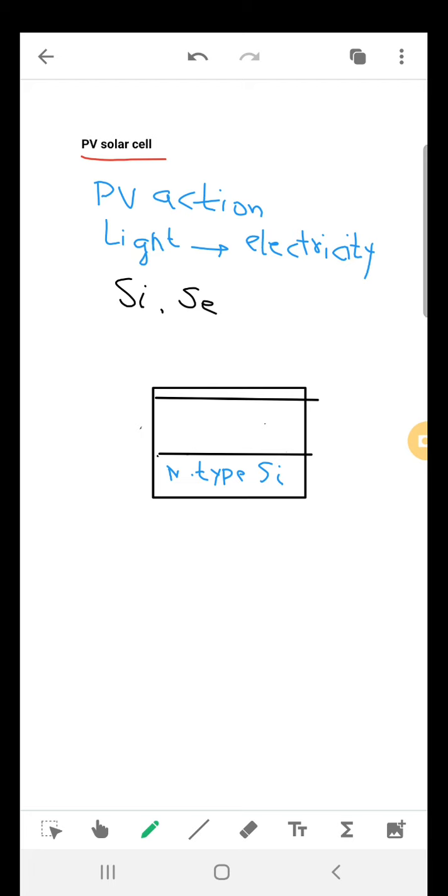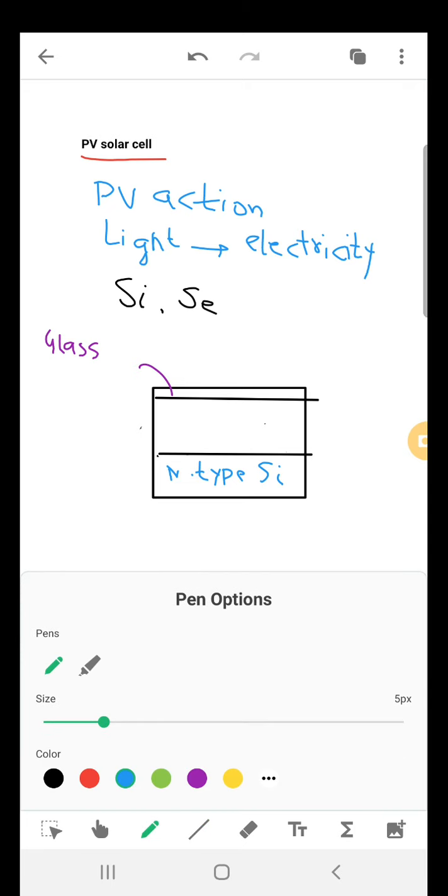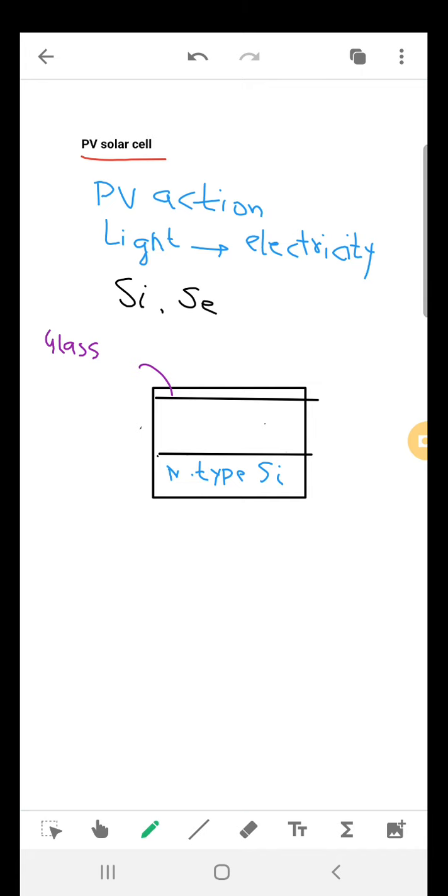So this is your glass, and then you have two metal contacts here.